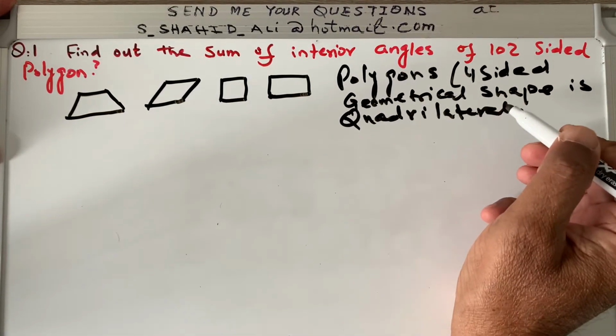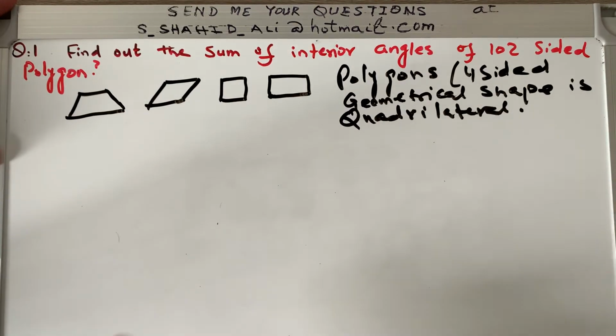So after quadrilateral, what do we have? We have rhombus, trapezoid, rectangle, square, all those kinds of things. And we have to learn here that in geometry, an angle of a polygon is formed by two sides of the polygon that share an endpoint.